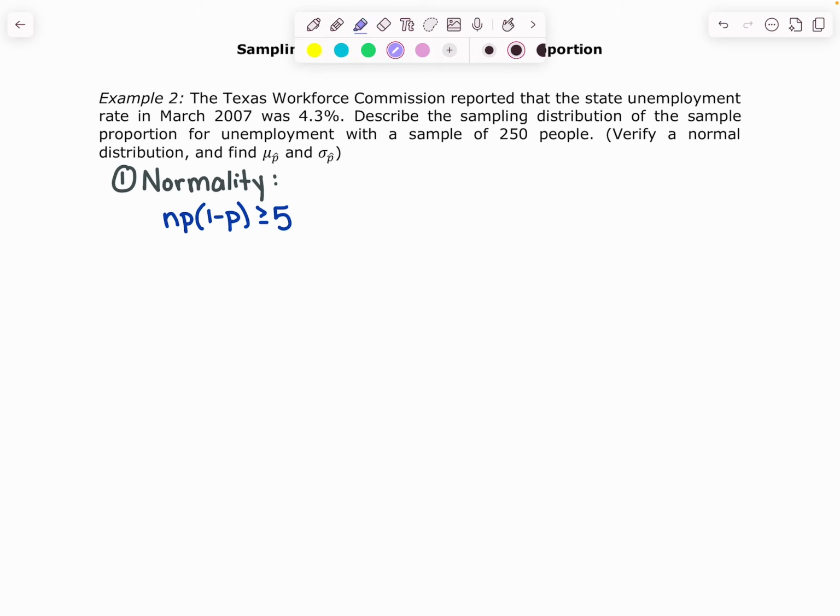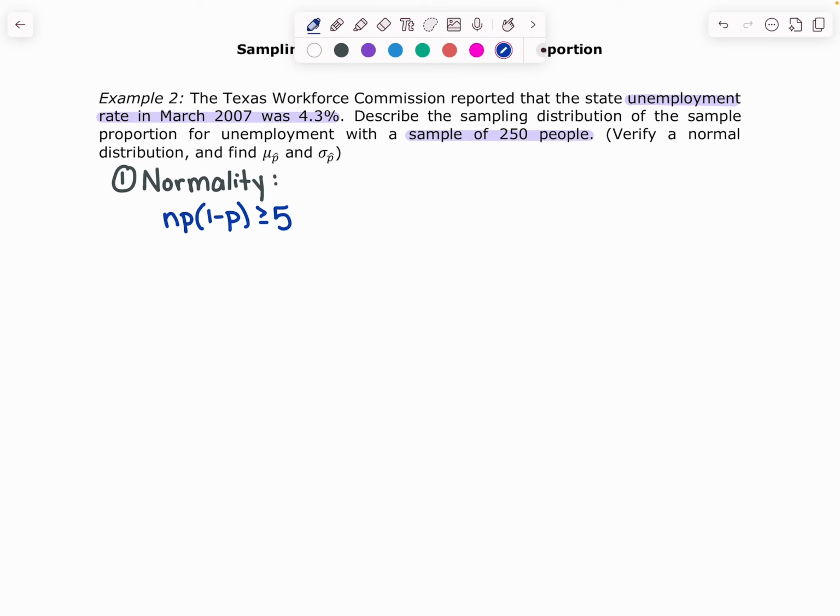So looking at the problem, my n is the sample of 250 people. And then the p is going to be the percent or the rate or the proportion that I've been given. So the unemployment rate in March 2007 was 4.3%.